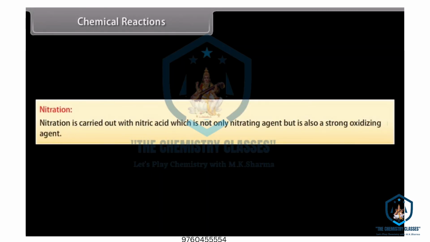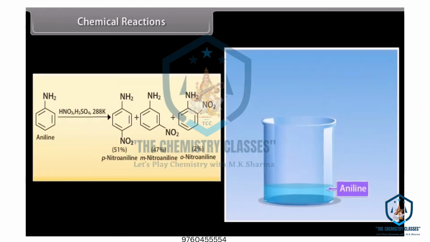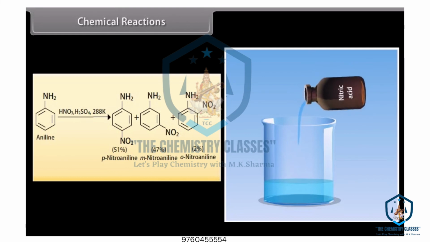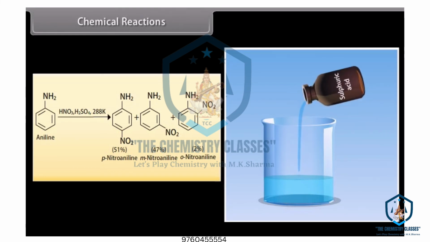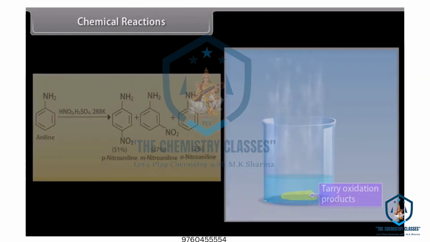Nitration. Nitration is carried out with nitric acid, which is not only a nitrating agent but also a strong oxidizing agent. Therefore, direct treatment of aniline with nitric acid leads to oxidation of the highly activated benzene ring, resulting in the formation of complex oxidation products.